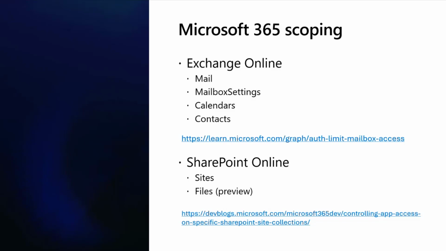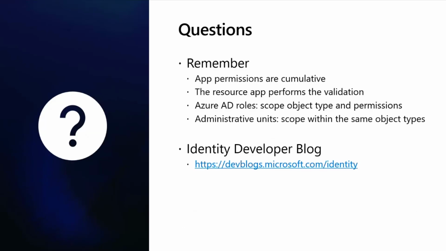It will come soon. So before we close, just remember, permissions are cumulative. Whatever you give, you get. If you mix them, it's always the most permissive. If you do group administrator role plus user read write all, you would have both of them, and they will combine.